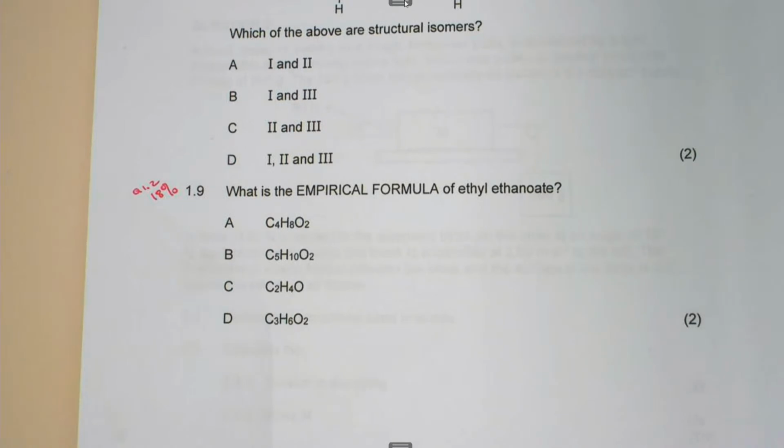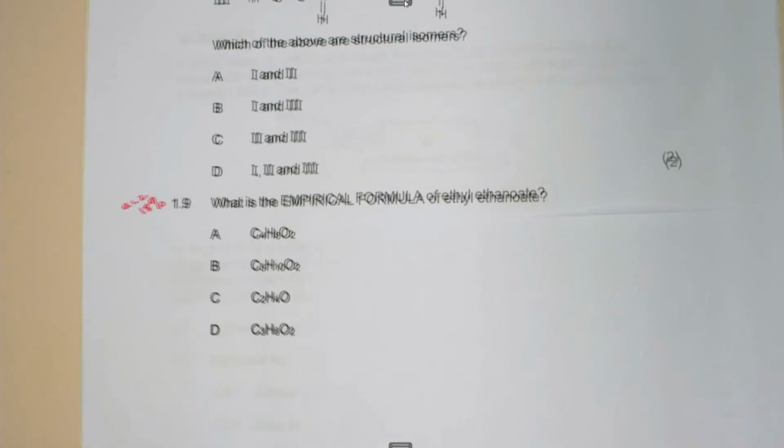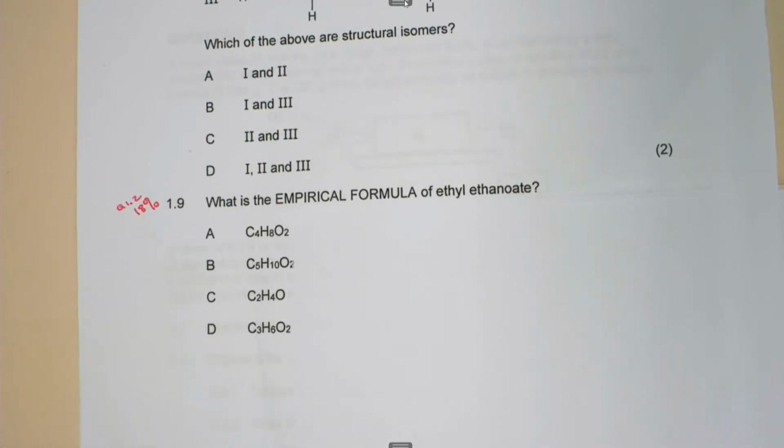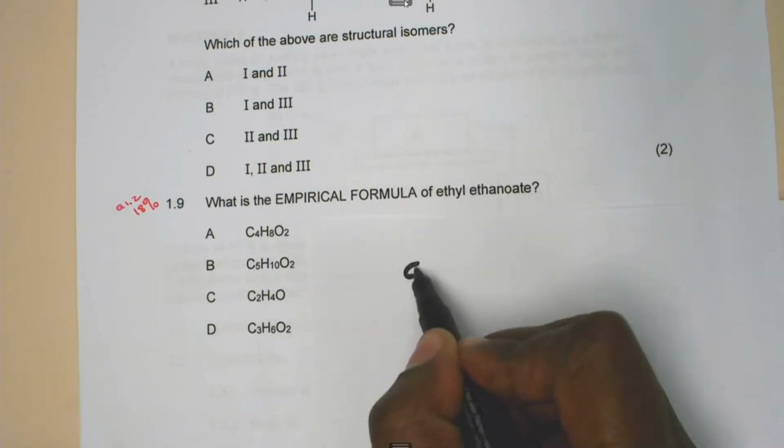Now, in the internal moderators' report, it is clearly written that the learners confused the empirical formula with the molecular formula. Learners know what the molecular formula of ethyl ethanoate is, but they do not know the empirical formula. Remember, the empirical formula is the simplest ratio of the atoms of that molecule.